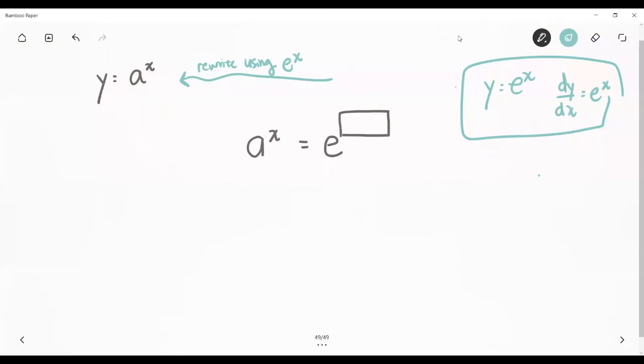So the way that we're going to tackle this is by recalling some properties between exponential functions and logarithmic functions. We know that logs and exponentials are inverse functions, and we know that inverse functions undo each other.